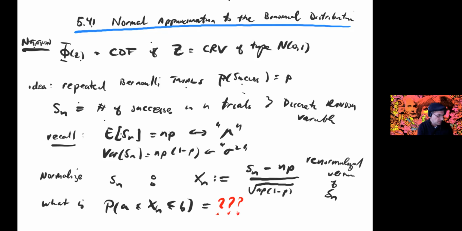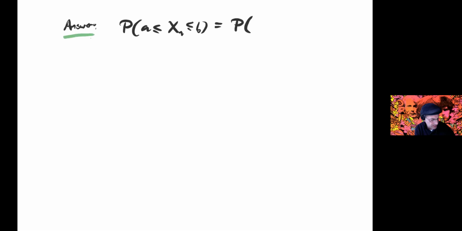Let me state the answer. The probability that a is less than or equal to X sub n is less than or equal to b, where a and b are two constants, is given by the probability that a is less than or equal to Z is less than or equal to b, where Z is a continuous random variable.